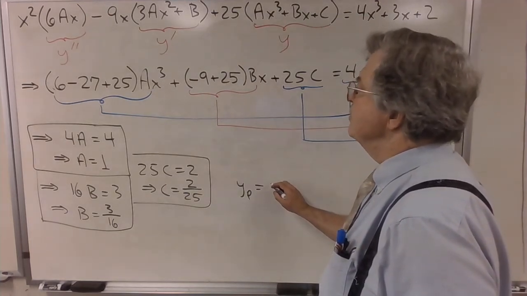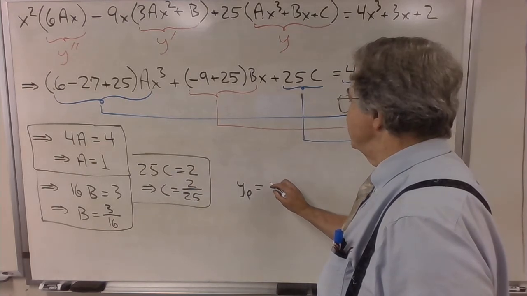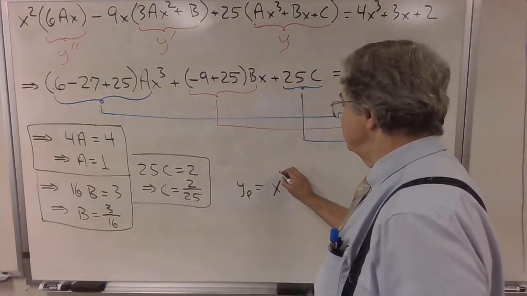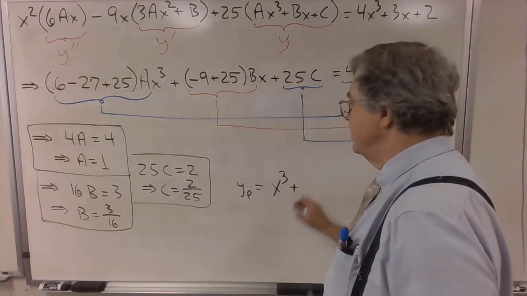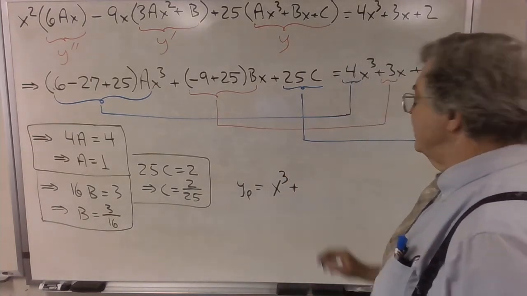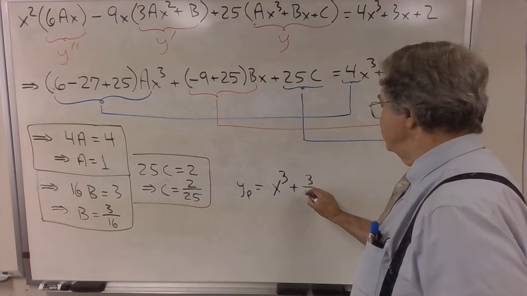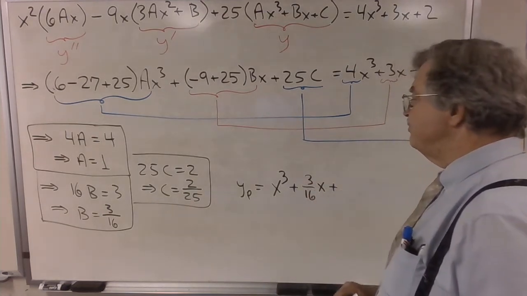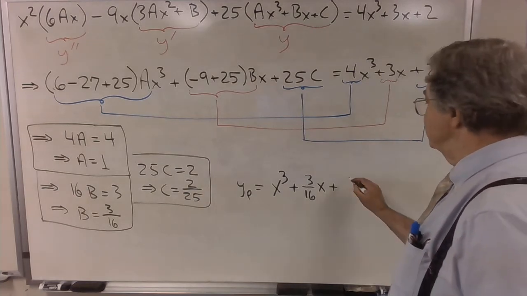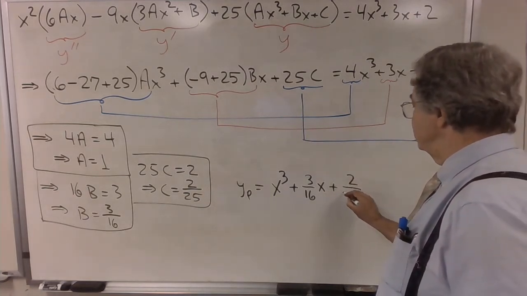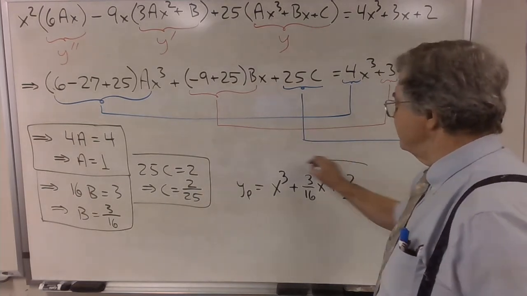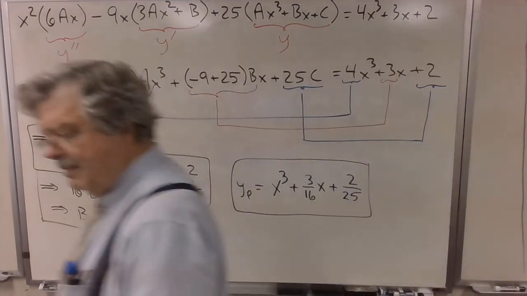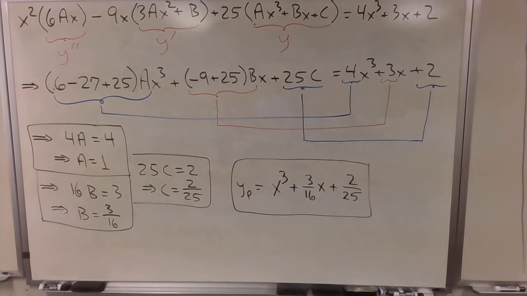Ax cubed. So a is 1. Oh, okay. So x cubed plus bx, 3/16x, plus some constant c, 2/25. And there's our particular solution.